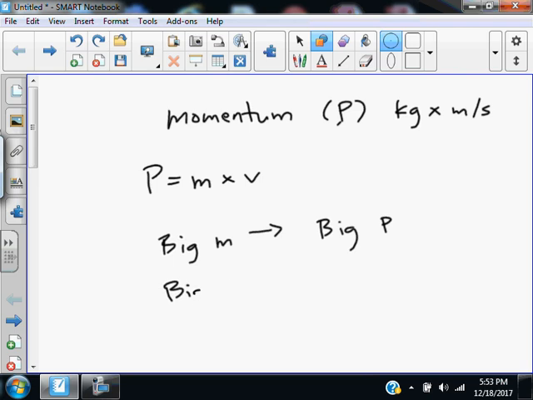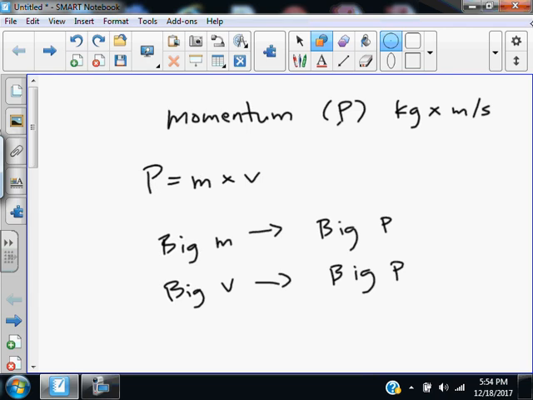Likewise, if you have a big velocity, then you're going to end up with a big momentum as well. And we'll see in some of these word problems as we go through them, there's just a few that we're going to do, that objects with a big mass or a big velocity will end up with big momentums. And so if you look at objects that may be even going slow, if they have a low velocity but they have a big mass, then they're going to still have a big momentum.